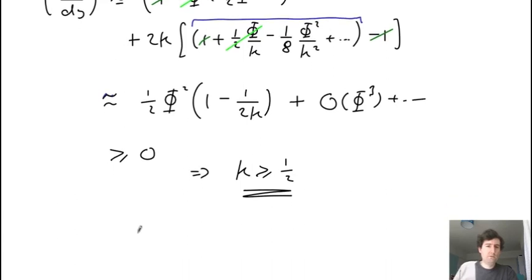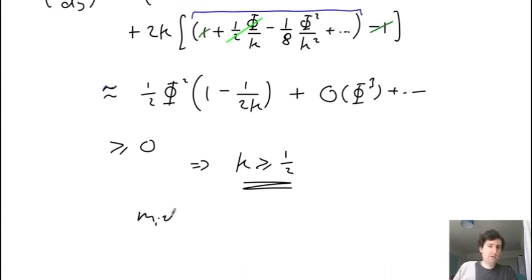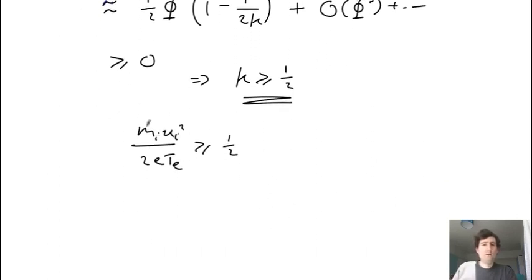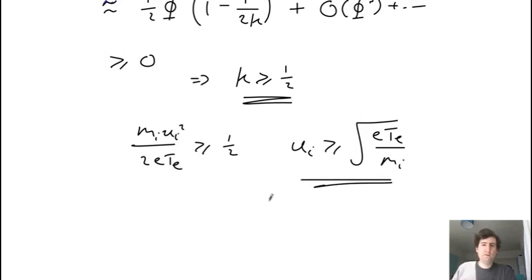And so we have that mu_i squared over 2et must be bigger than or equal to a half, and that means that the drift velocity of the ions must be bigger than or equal to the square root of et over mi, and that's the Bohm criterion.